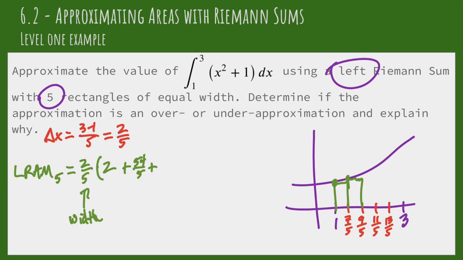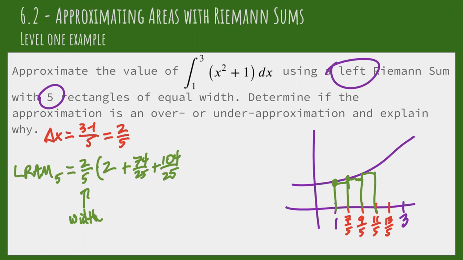Then we're going to have the width times the height for this rectangle. That's going to be 9/5 squared, 81 over 25. I messed that one up. Sorry, 49 over 25 plus 25 over 25 is going to be 74 over 25. Then we're going to have 81 over 25 plus 25 over 25 is going to be 104 over 25.